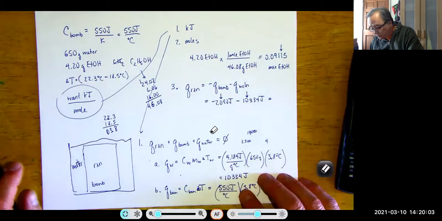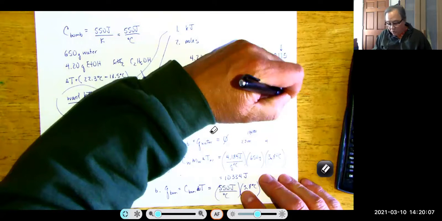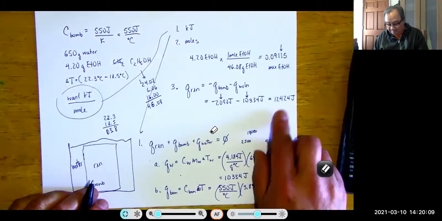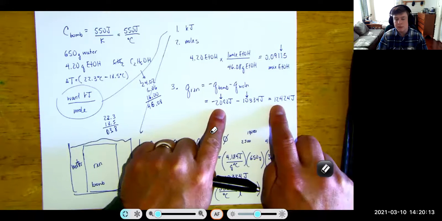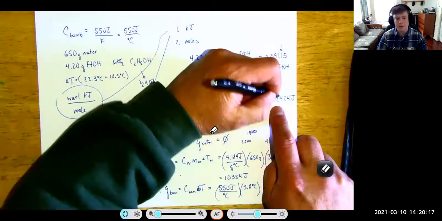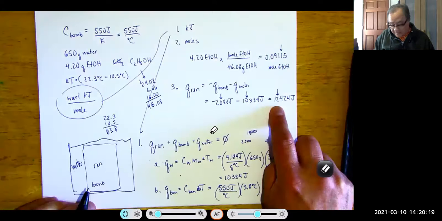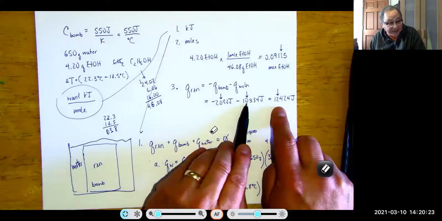I get 12,424 joules. Where do we round this to? Back down to 2, right? 1,000? We round it to there. So do we see that this is 1, 2, 3, 4 places to the left of the decimal?